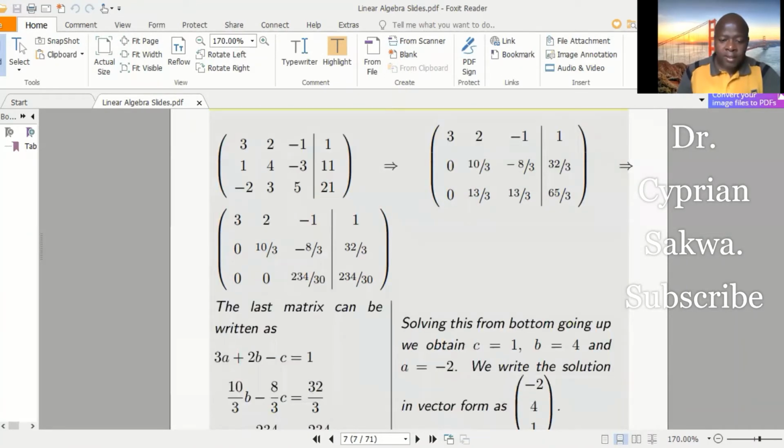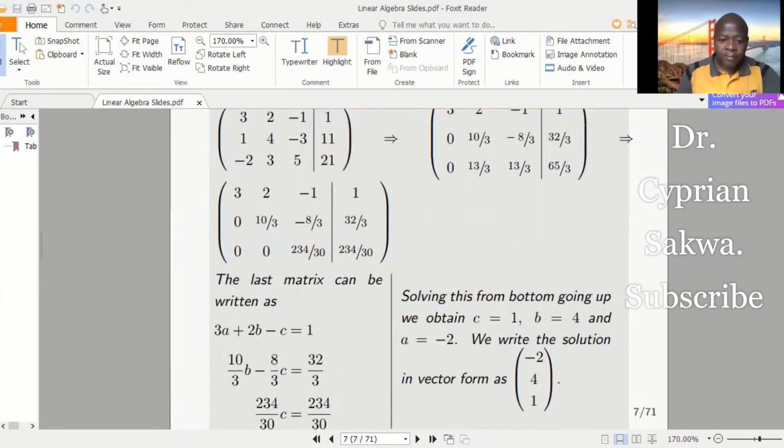And we write the equations coming from the last matrix there. Remember it was A, B, C. So this was 3A plus 2B minus C equals 1.